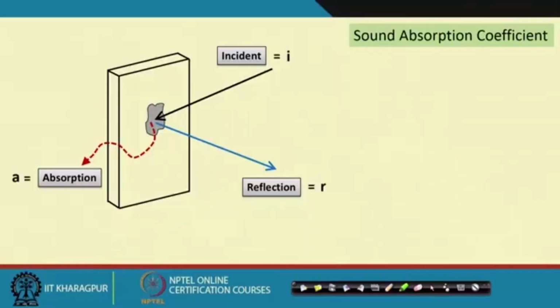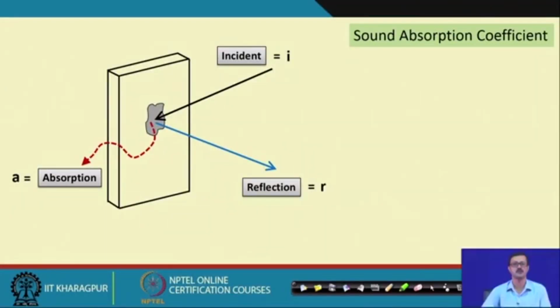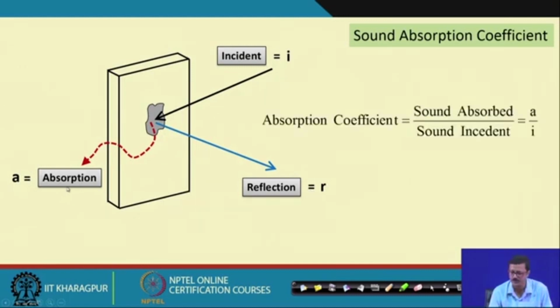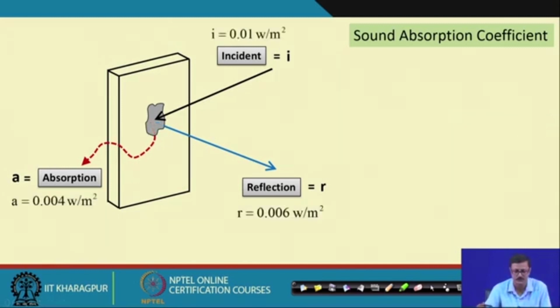Suppose this is a panel in this slide, and there is incident energy I falling upon a unit area of 1 meter square, and there is the reflection R over here, and there is the absorption A. By definition, the absorption coefficient is A by I. Suppose the initial incident intensity is 0.1 watt per meter square, and after reflection a very feeble amount of 0.006 watt per meter square is reflected back to the room.